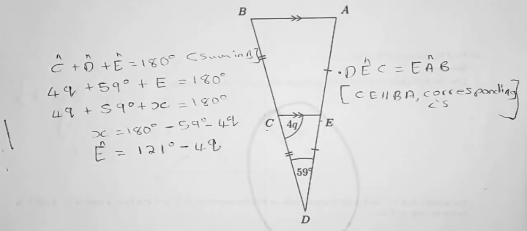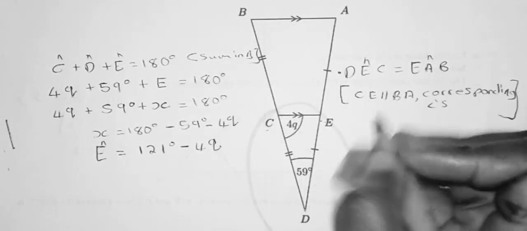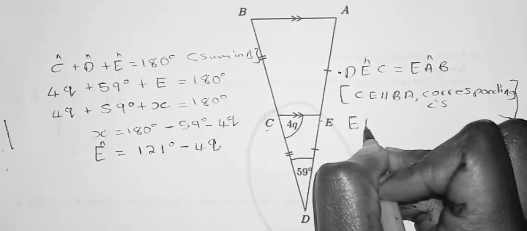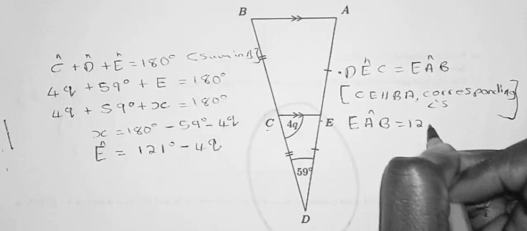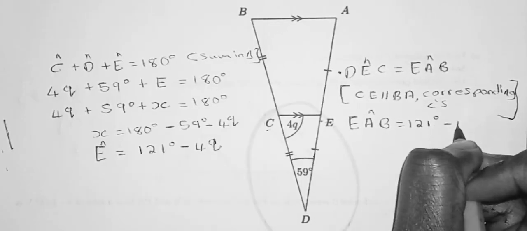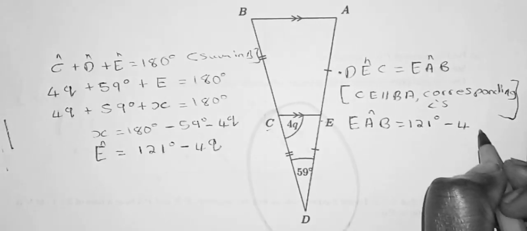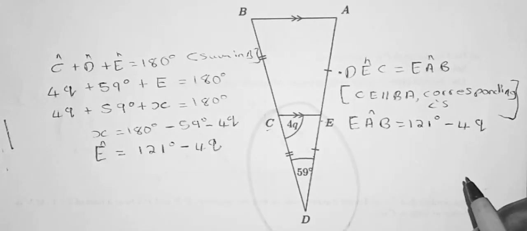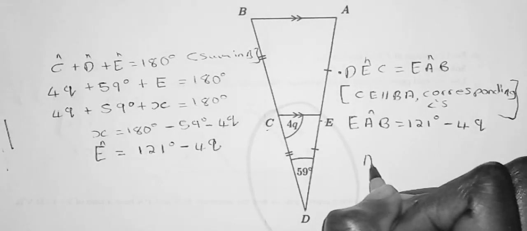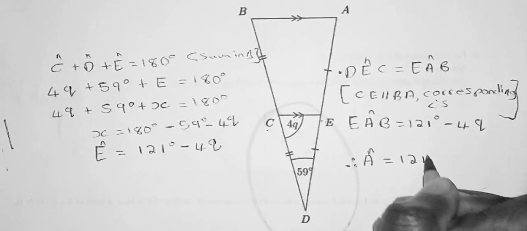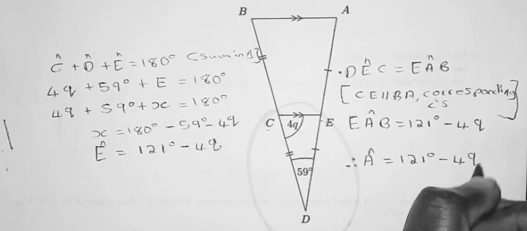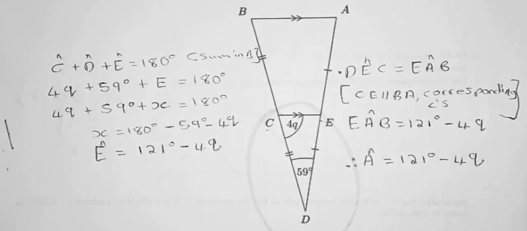Which means angle EAB is equal to 121 degrees minus 4Q. They want us to find the value of A, so the value of A is equal to 121 degrees minus 4Q. And then you're done.